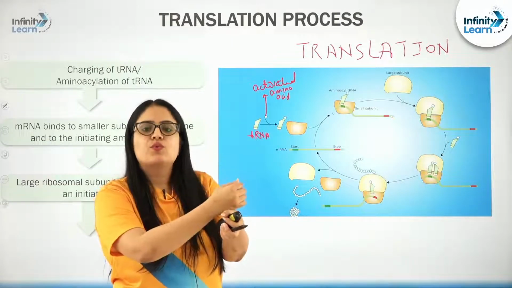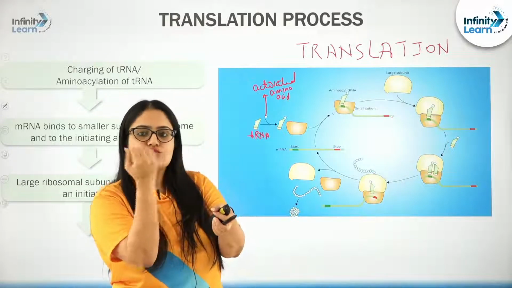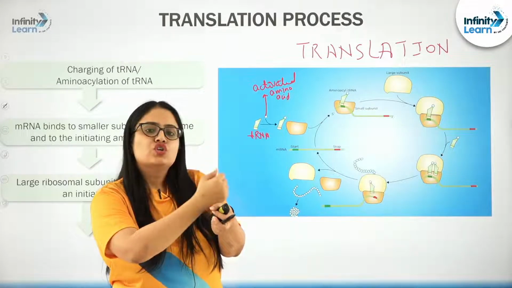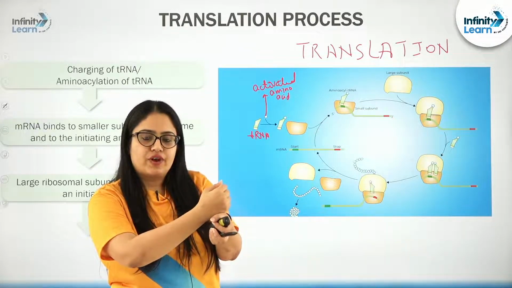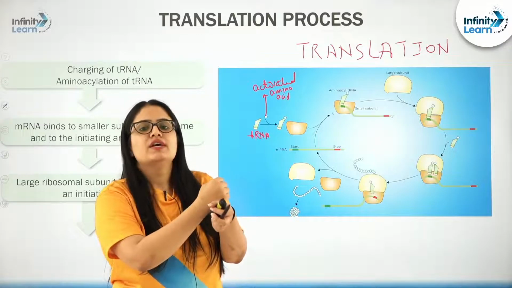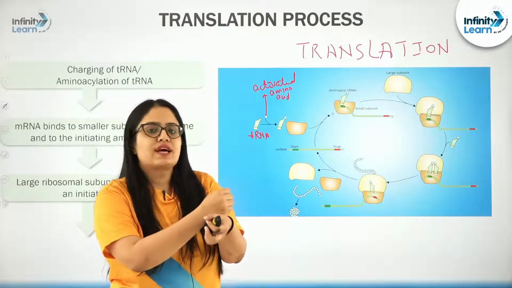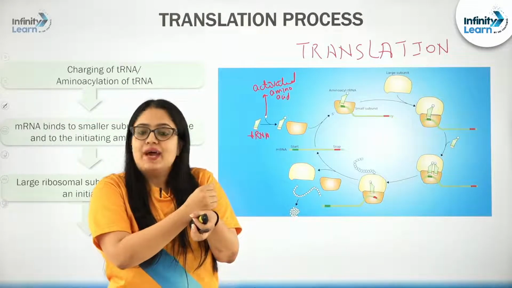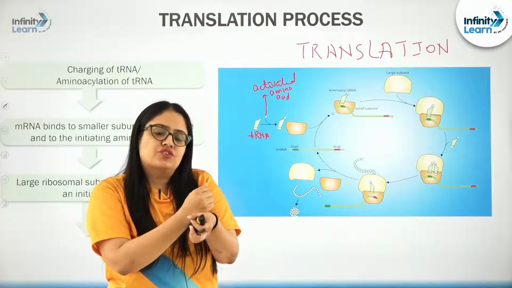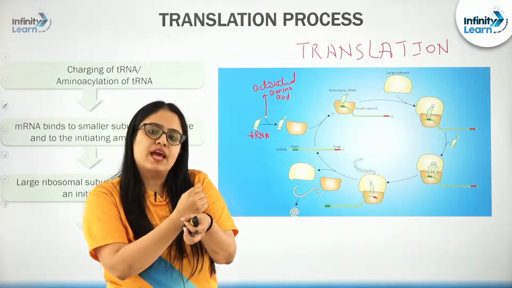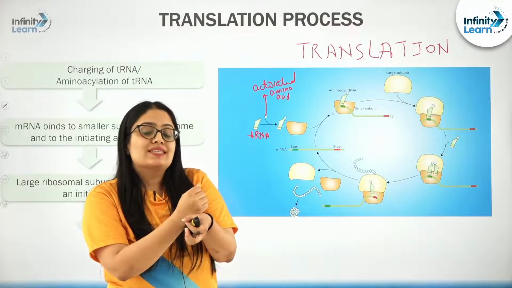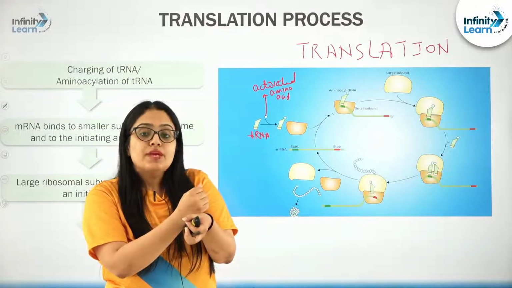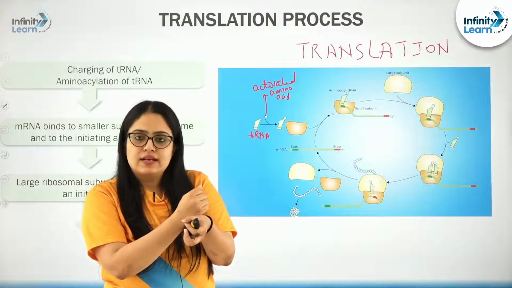This step or reaction is known as aminoacylation of tRNA or charging of tRNA. And please notice, this reaction is going to be catalyzed with the help of an enzyme known as aminoacyl synthetase enzyme. I repeat myself, aminoacyl synthetase enzyme.